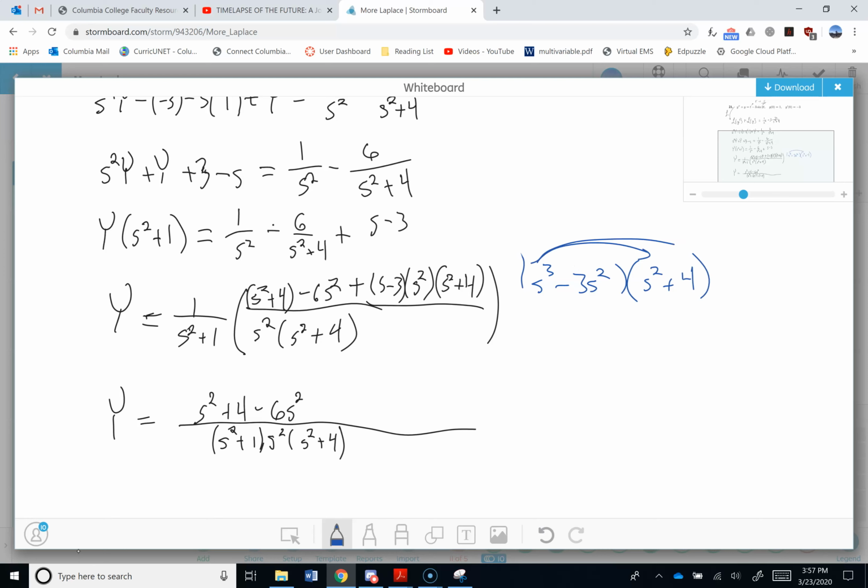So foilsies gets me to, let's see, I have a plus s to the 5th plus 4s cubed minus 3s to the 4th minus 12s squared.